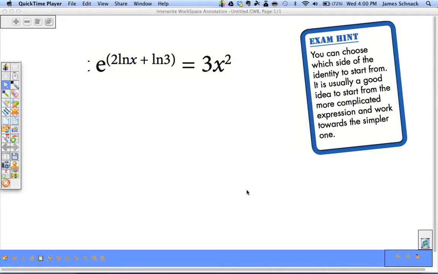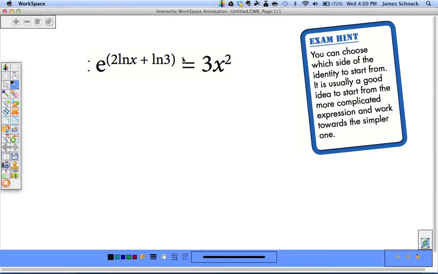Here we go. We're going to be looking at how to verify identities. Now, what is an identity? Well, an identity is a mathematical statement, a mathematical equality that's true for every single possible value of x. And what you'll oftentimes see is a triple-decker equal sign, and that is defining that this statement is true for every value of x.